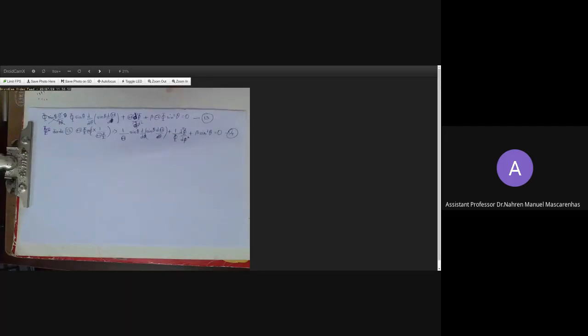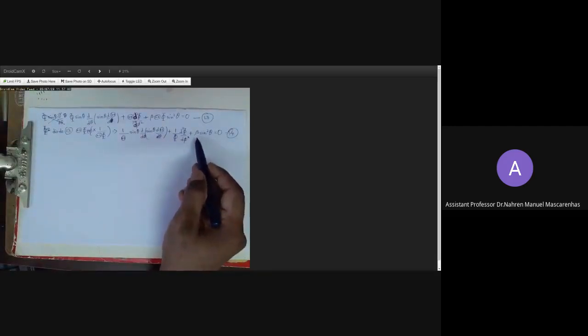Now, if you look at this equation, we have two terms.